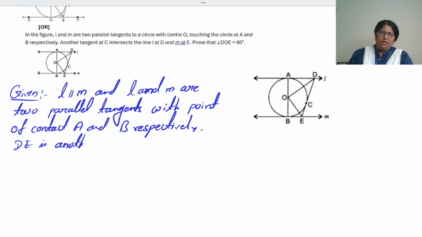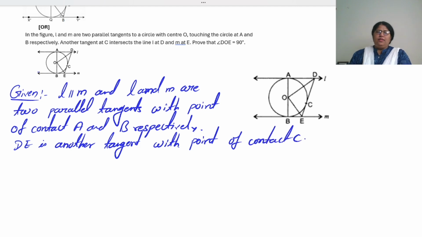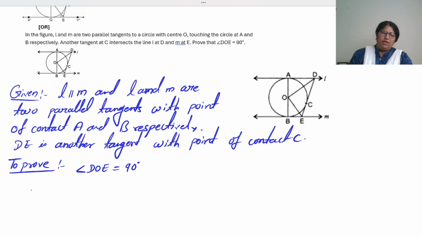Then after that, DE is another tangent with point of contact C, right? Other than that, what you need to prove here is angle DOE equals 90 degrees.